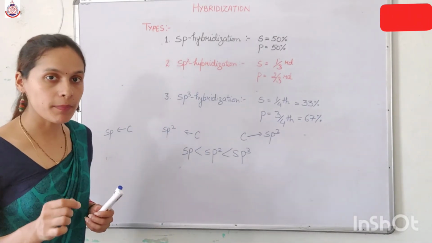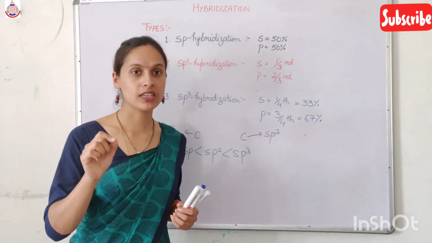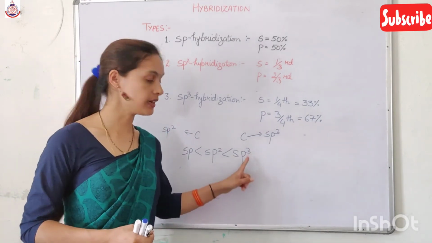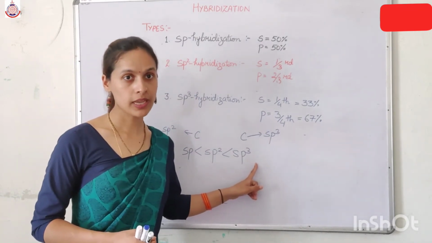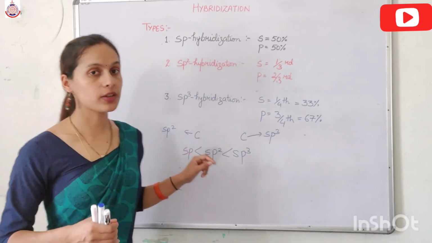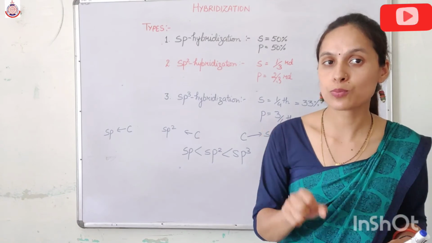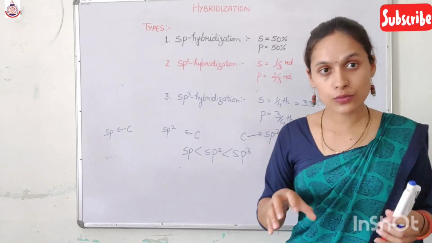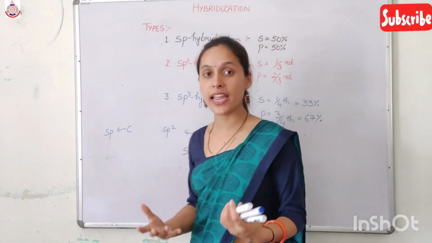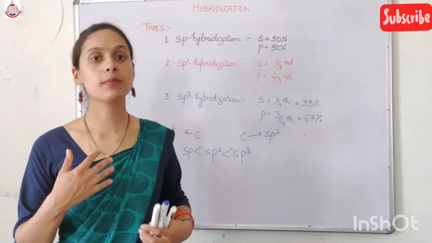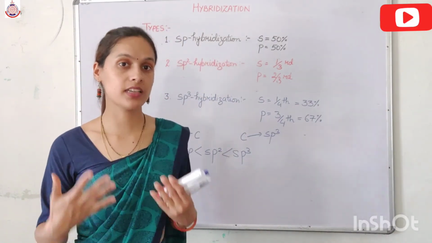So the minimum amount of energy required to break the bond is in sp3, and in sp we require more energy to break the bond due to its small size. So in this way hybridization affects the electronegativity, the bond energy, and many other factors.